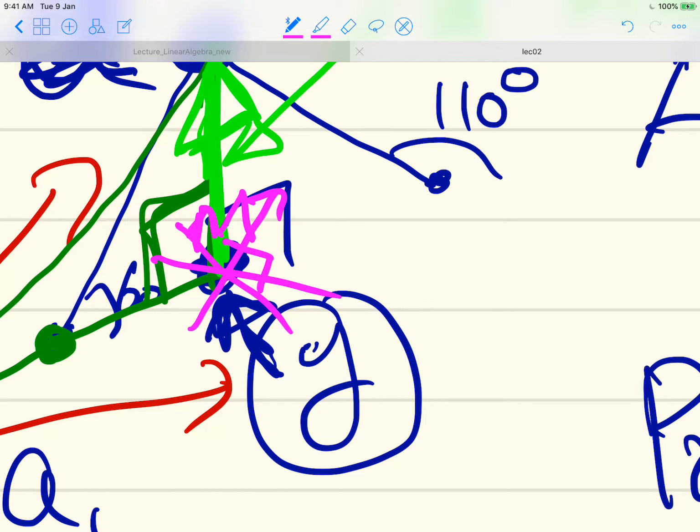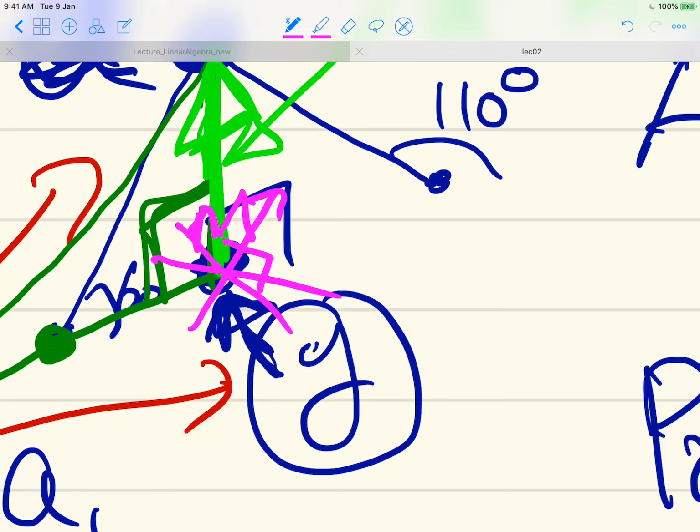And thus, in order to make this bright green line orthogonal to any direction inside of this plane, we only need to satisfy a finite number of conditions, which means this bright green line is orthogonal to A1 and A2.